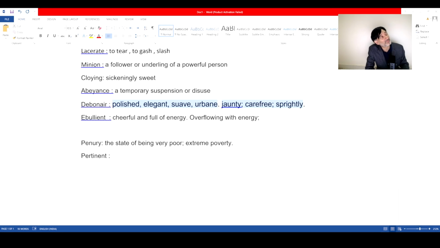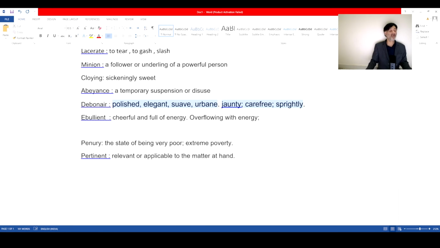That is a sentence. Pertinent is something relevant, suitable or appropriate. That is what it means. Relevant or applicable to a particular matter.